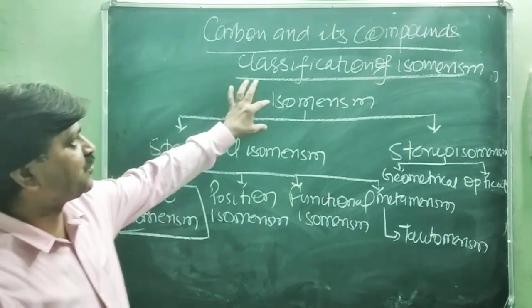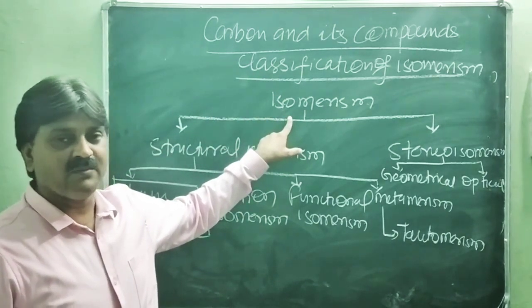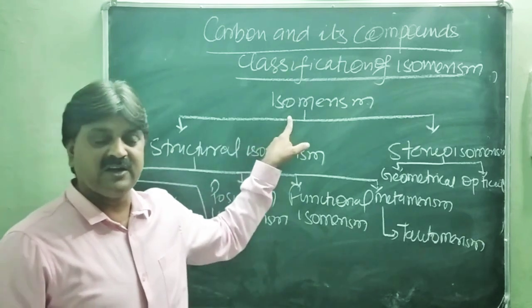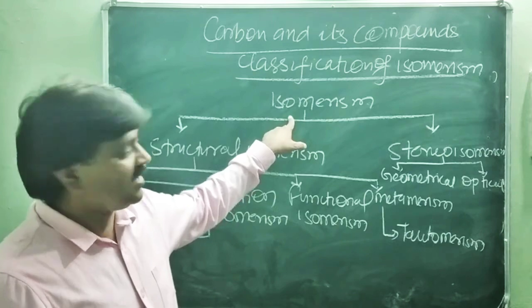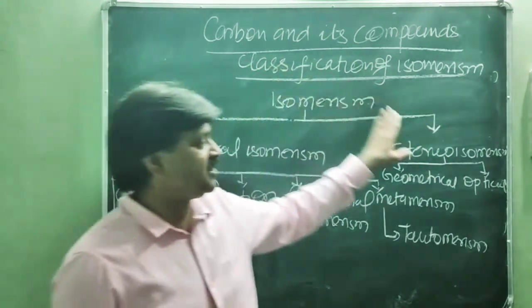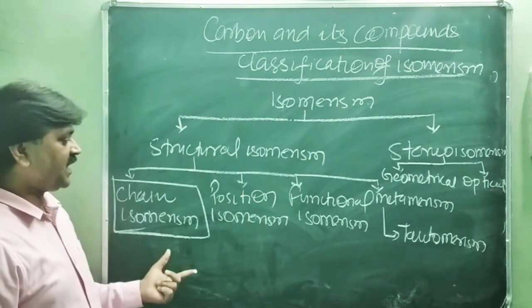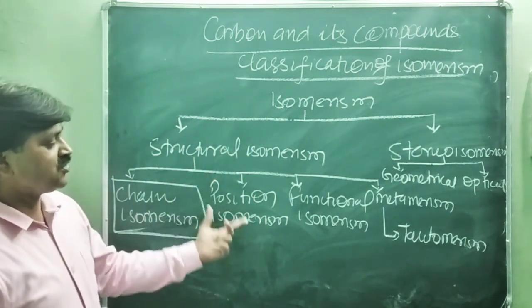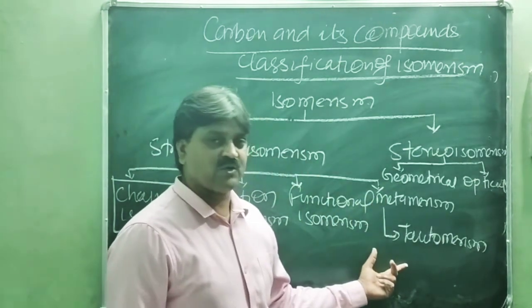So isomerism is when 2 or more compounds have the same molecular formula but different structures and properties, called isomers, and the phenomenon is known as isomerism. Isomerism is classified in 2 forms: structural isomerism and stereoisomerism. Structural isomerism has 5 types: chain, position, functional, metamerism, and tautomerism.